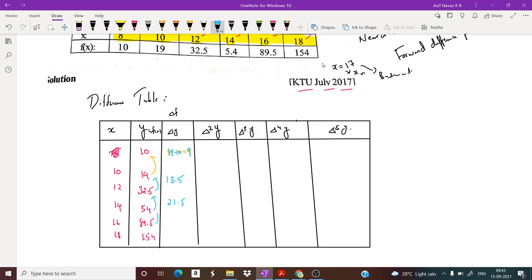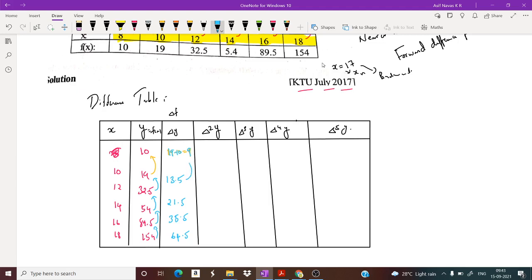Next, 89.5 minus 54, that is 35.5. And 154 minus 89.5, that is 64.5. Now next is delta square y, second forward difference.